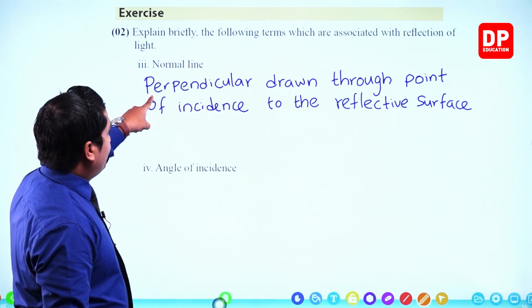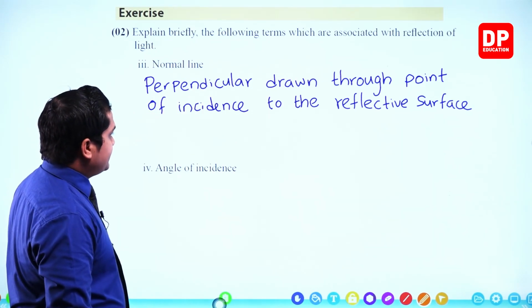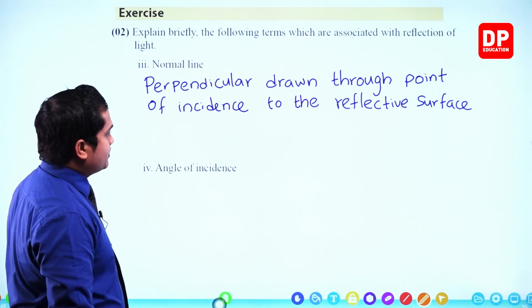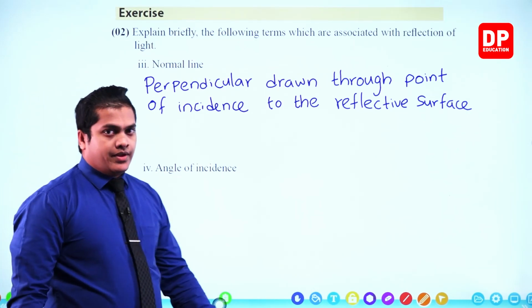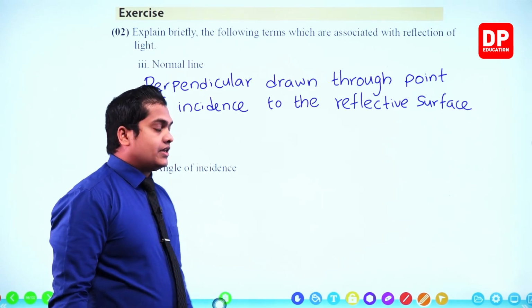Right. So perpendicular drawn through point of incidence to the reflective surface is called the normal line. This is the one which is called as the normal line.